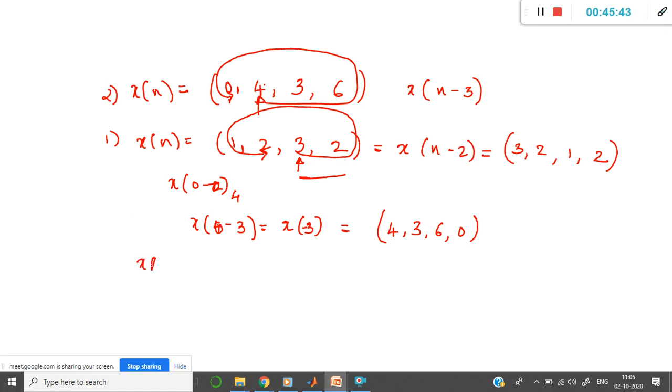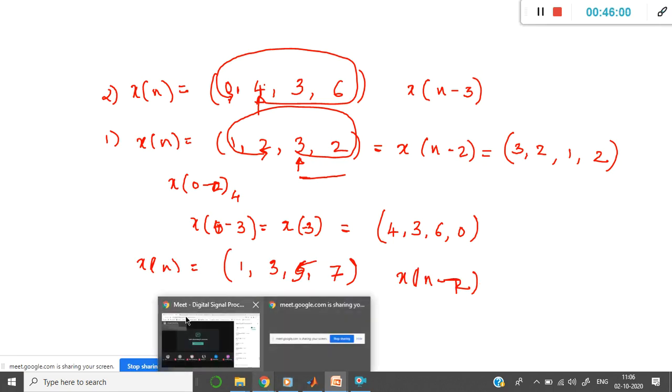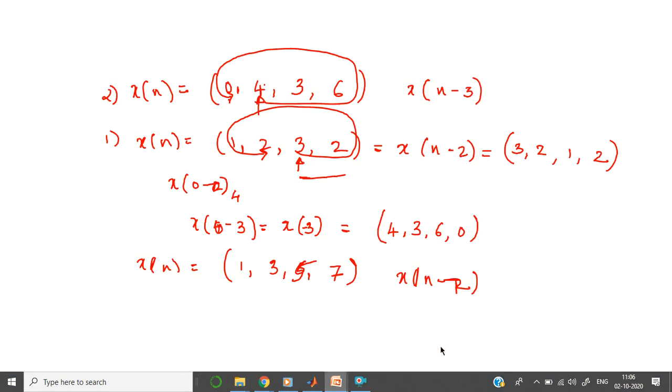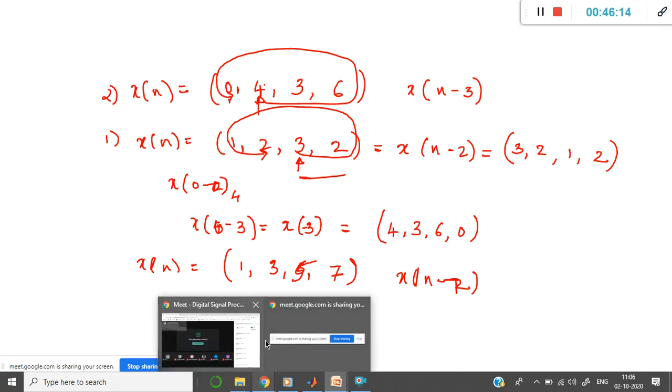So once again, just perform this. x of n equal to 1 3 5 7. Just perform x of n minus 2 quickly. It is 1 3 5 7. So how do you perform?